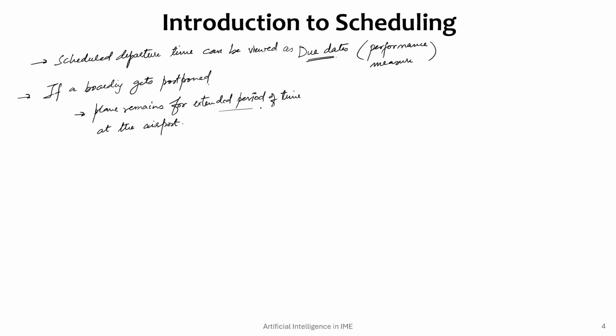Now, this extended period of time is a kind of resource that this plane, which should have been departed by now, is utilizing from this airport. So, if you have created a schedule beforehand for some other airlines to utilize that space which this airplane is utilizing, then you need to reschedule those resources that you have already allocated, right?